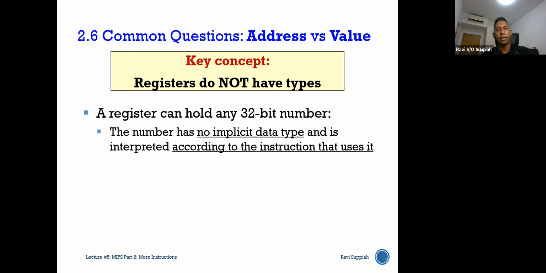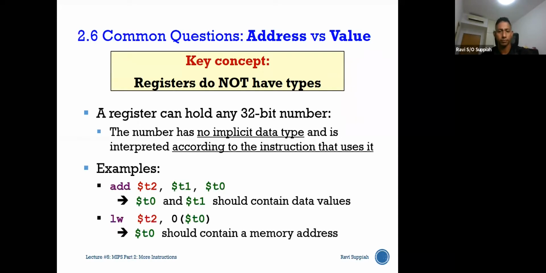But in terms of actual execution in the processor, it will be interpreted according to the instruction in which you use it. So the same 32-bit data that you have can be interpreted in many different ways depending on how we write the instructions that use this information.